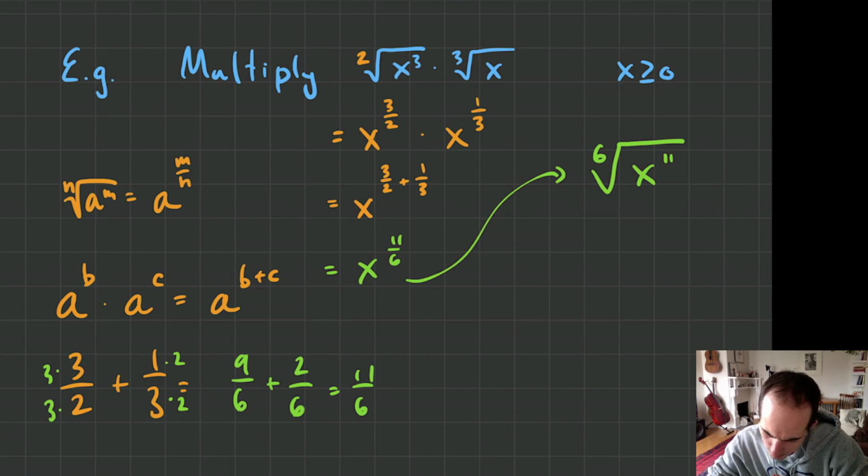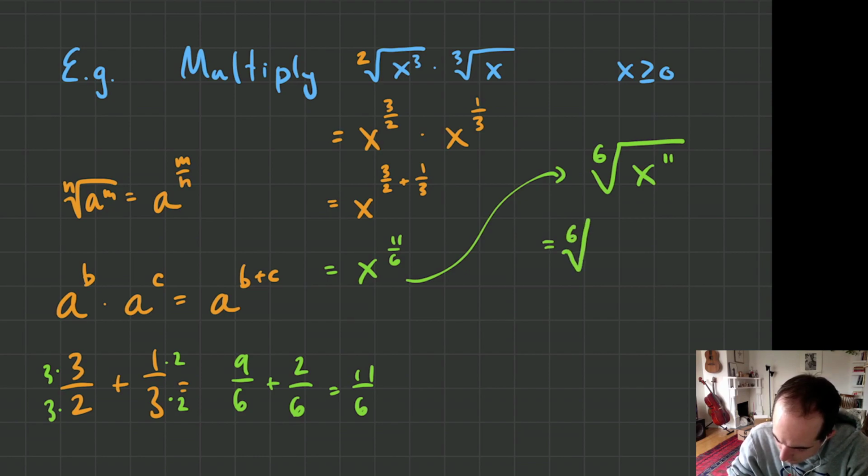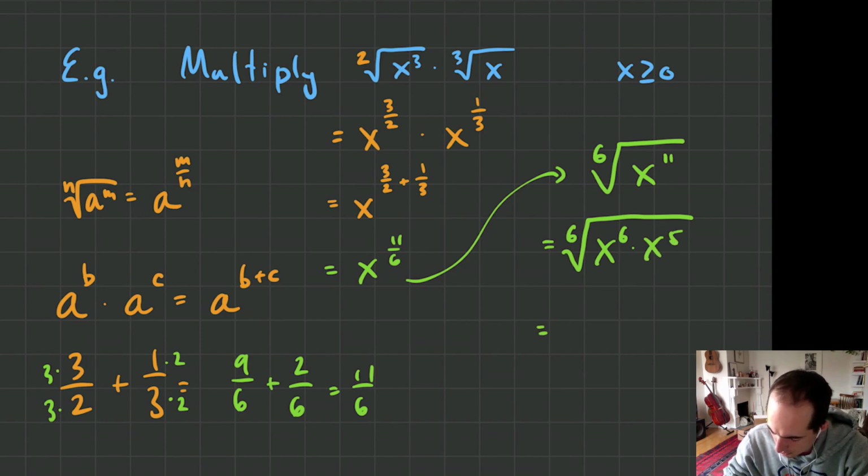Or, you know what? We're actually not quite finished here yet because this isn't simplified, right? We have a 6th power that we haven't factored out. So keep in mind this is equal to the 6th root of x to the 6 times x to the 5. And that's equal to x times the 6th root of x to the 5.